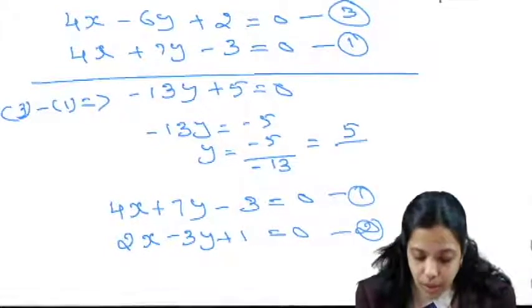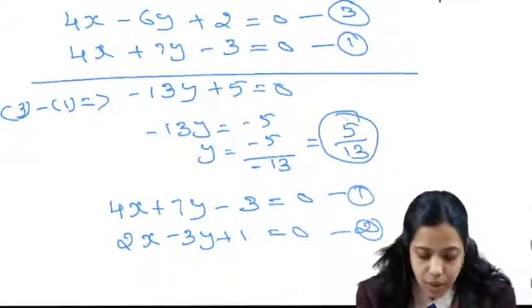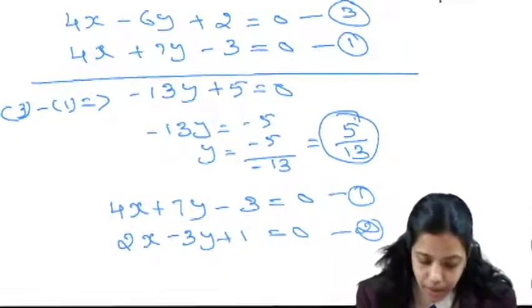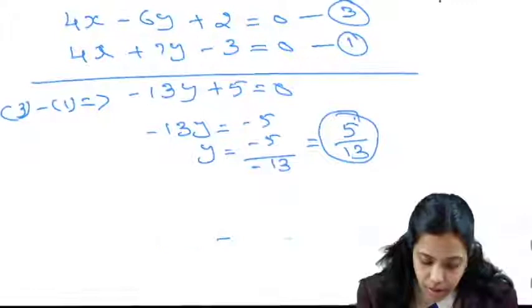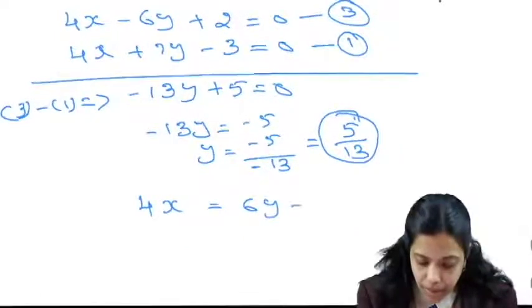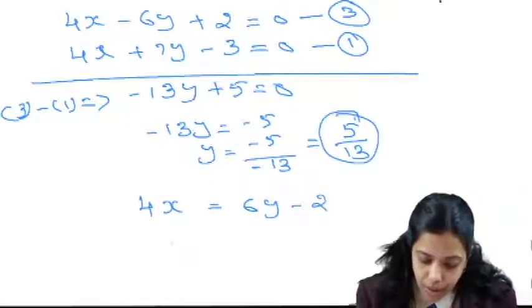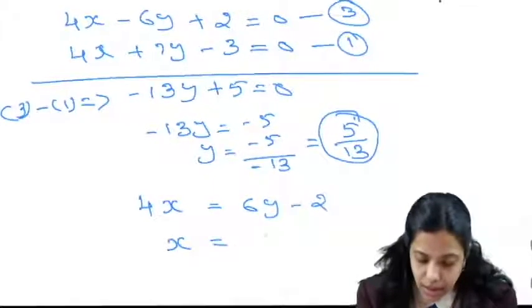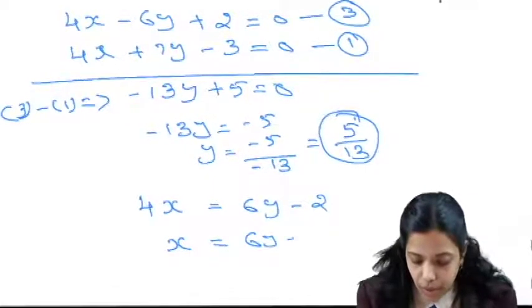Once we have the value of y, we can substitute it in either equation to get the value of x. So here, 4x is equal to 6y minus 2, so x equals (6y minus 2) upon 4.